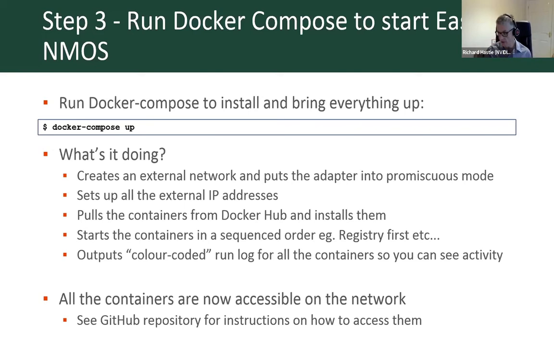It gets the latest version of the AMWA NMOS testing suite and the latest version of the registry and the virtual node. It then starts them in sequenced order, because obviously there's no point having the virtual node running without a registry. So it starts the registry first, it then runs the virtual node, and then the final thing is it brings up all of the NMOS testing suite so that you can actually test things on the network. And then it outputs an activity log directly to the screen.